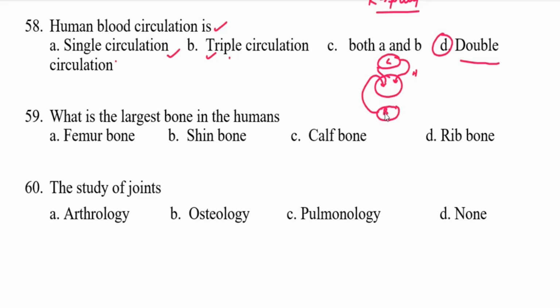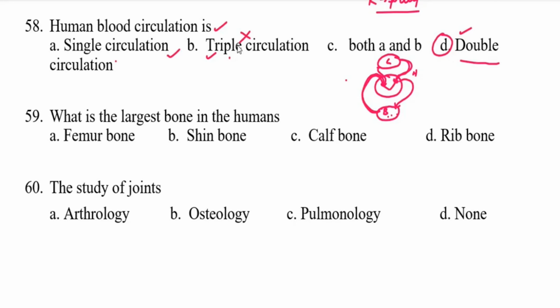That means the entry of blood into the heart is twice: from the body parts to the heart once, and from the lungs again to the heart, from where the blood is transported to the body parts. So due to the two times entrance of blood, the entry of blood into the heart is twice. That's why our blood circulation is a double circulation.